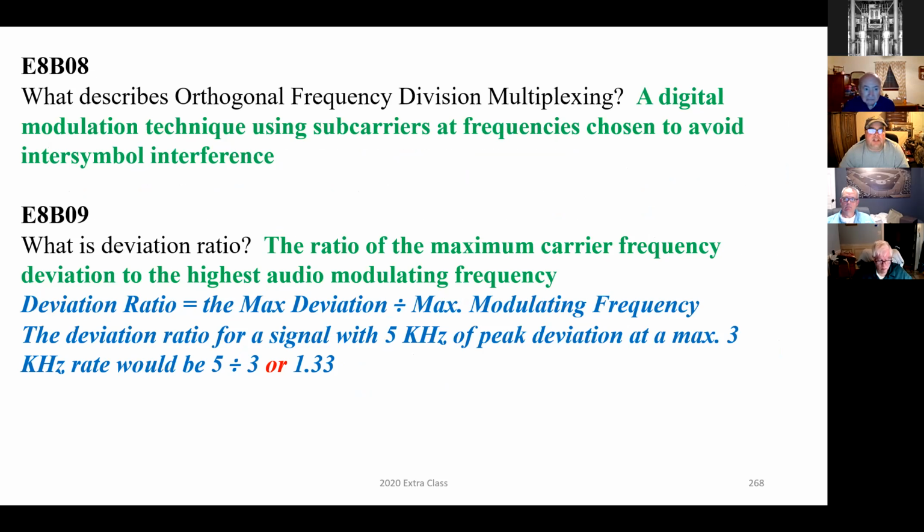It's a digital modulation technique using subcarriers at frequencies chosen to avoid intersymbol interference. What is deviation ratio? The ratio of the maximum carrier frequency deviation to the highest audio modulated frequency.